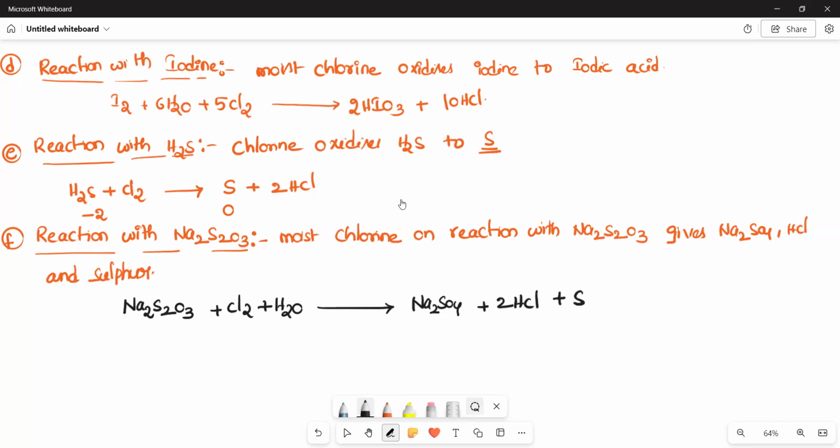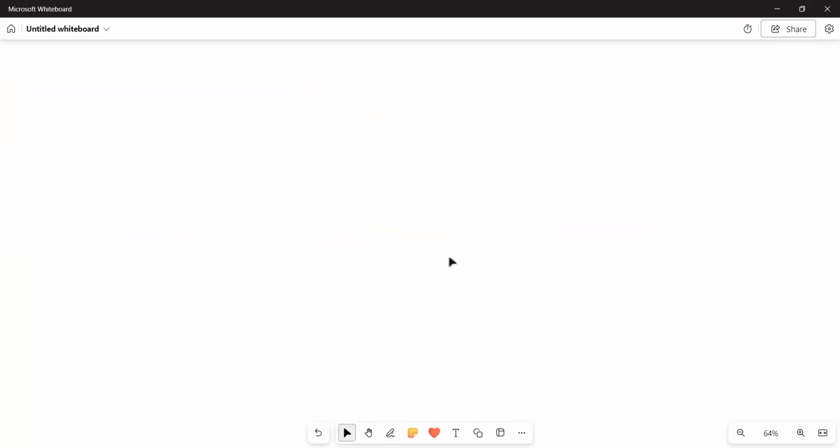Next important one, Amma, I would like to deal with how chlorine reacts with ammonia. That is also under different conditions. Last reaction you see, reaction with ammonia.